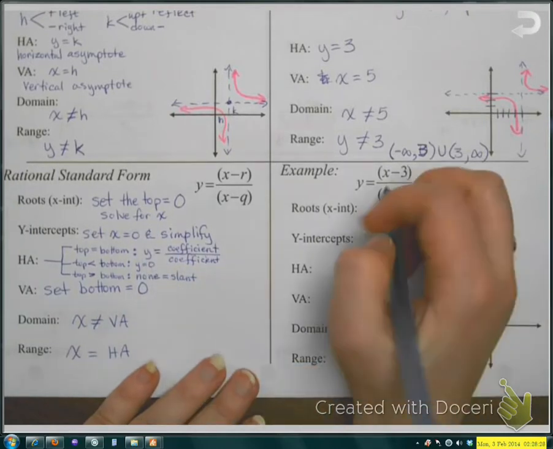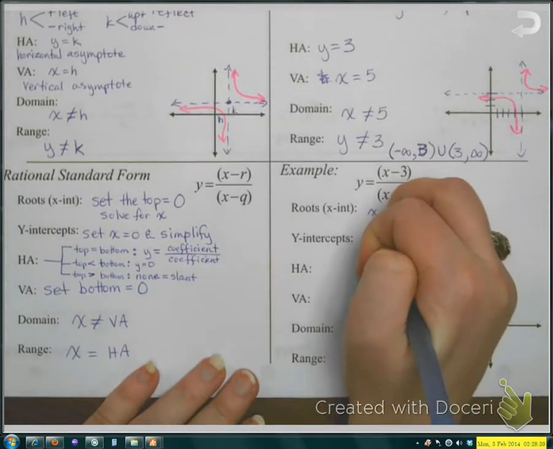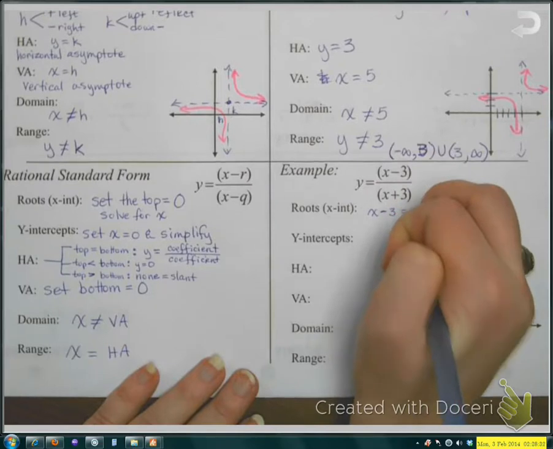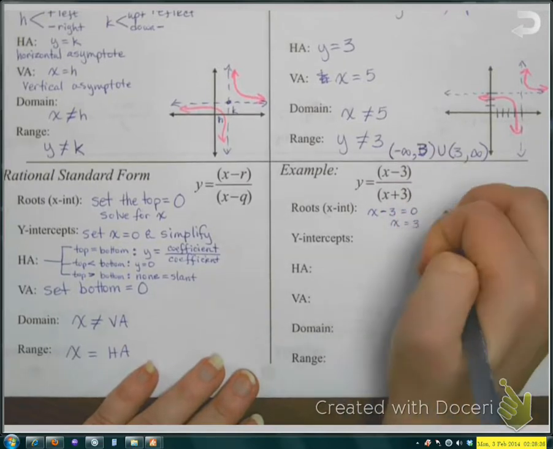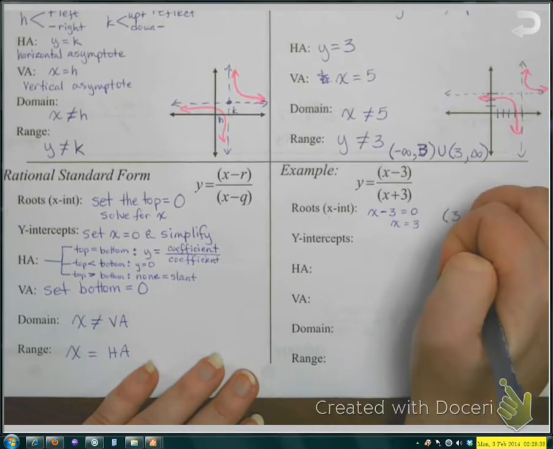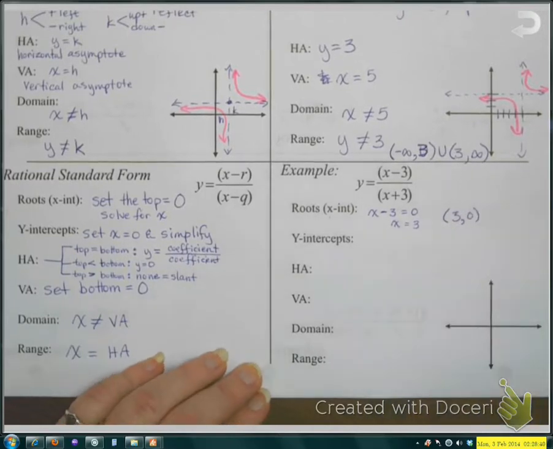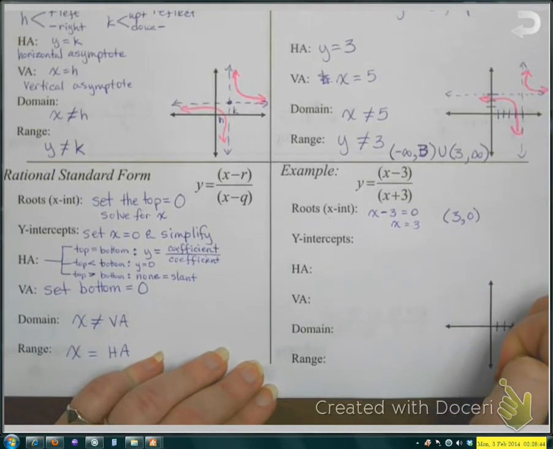So I'm going to take just the top of my equation, x minus 3, set it equal to 0. And I get x equals 3. So I know that I have a root at (3, 0). Easy enough. 1, 2, 3, put a dot. Now I'm going to look at my y-intercepts.